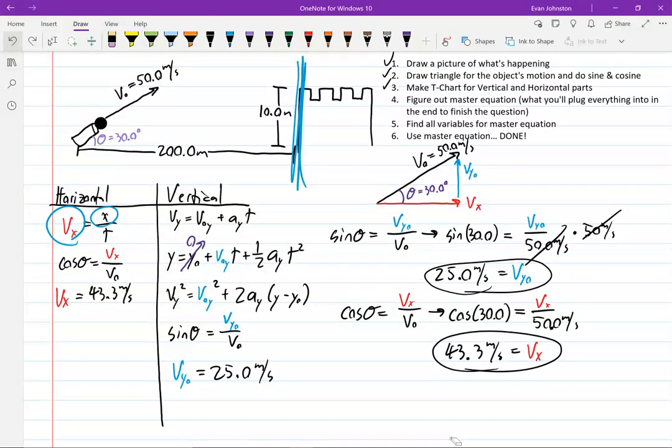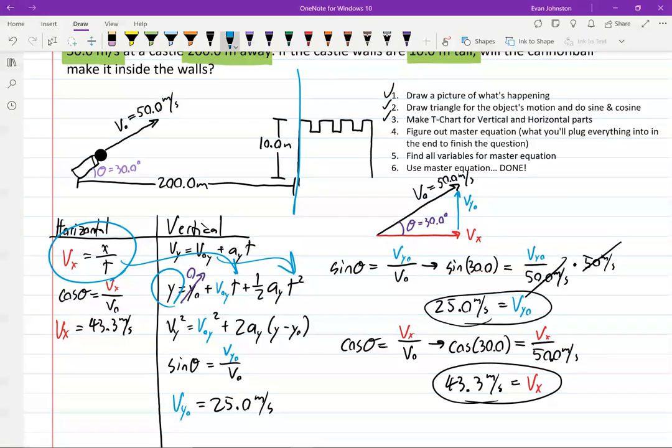So right now, we're going to plug into this and we'll find the time. And then that time is going to get plugged in here and here. And then we can use that to find the y value. If the y value, when it's 200 meters away in the x direction, is greater than 10, we say yes, it makes it inside the walls. If it's less than 10, we say no.